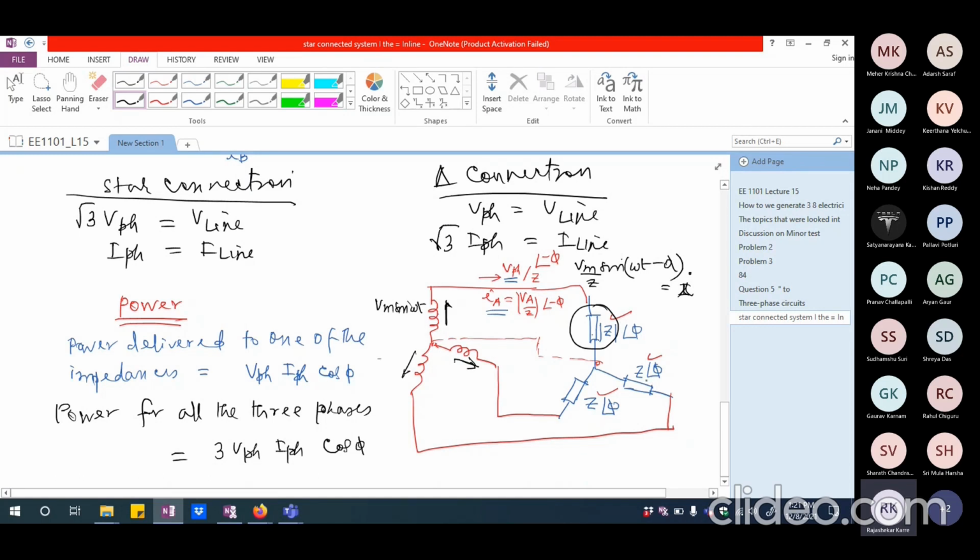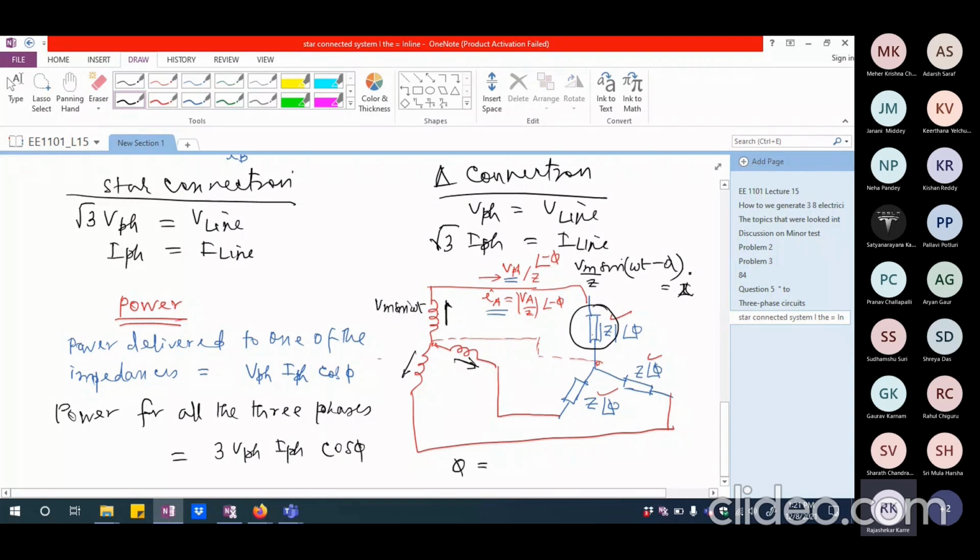That's what I have to look at, the load phase voltage and the corresponding load phase current. I have to take the phase angle difference between these two as phi. This is what is phi.